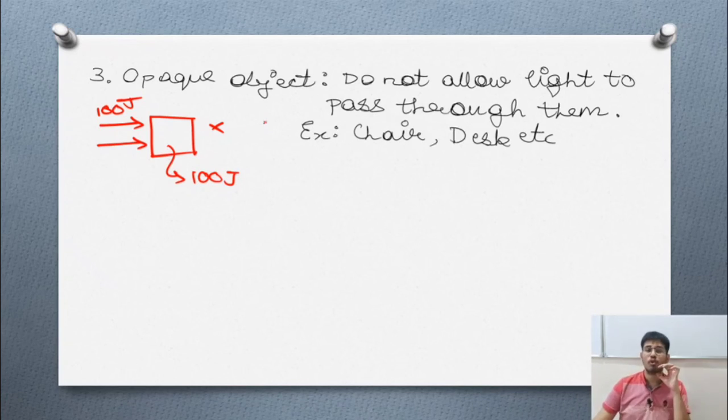That medium is known as opaque medium. Opaque medium does not allow any light to pass through them. For example, chair, desk, this box, this pen or this board, all these things are opaque medium. Now let us just move ahead.